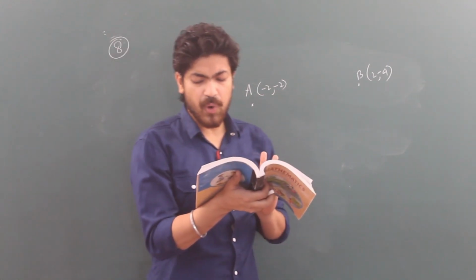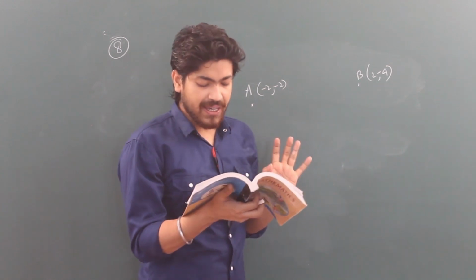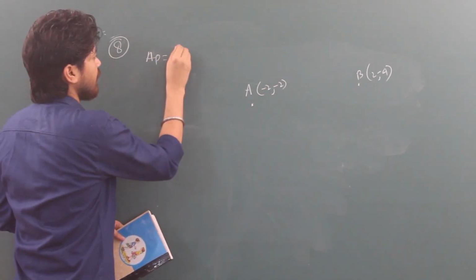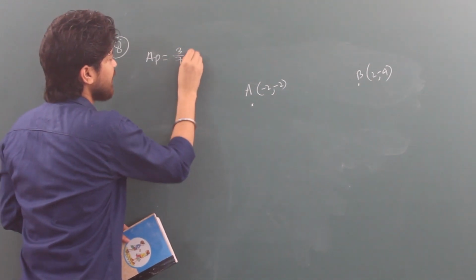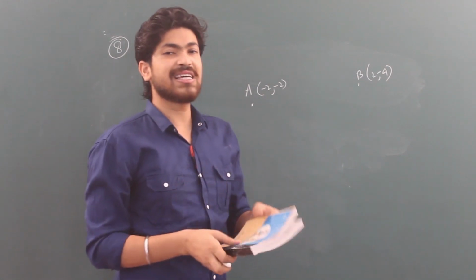Find the coordinates of point P where AP equals 3/7 AB, and P lies on the segment AB.